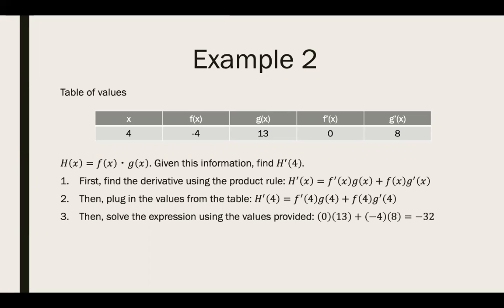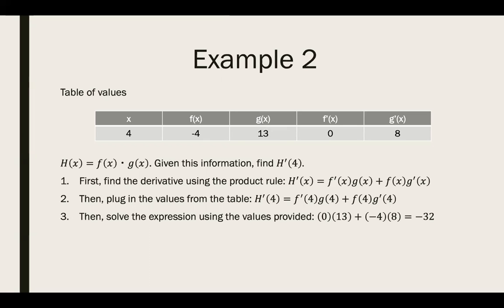The first step is going to be to find the derivative using the product rule. Because it's a function, you can't really find the derivative of this, but the values of the derivative are given. So you have f prime of x times g of x plus f of x times g prime of x, and that's just the product rule that we used here.